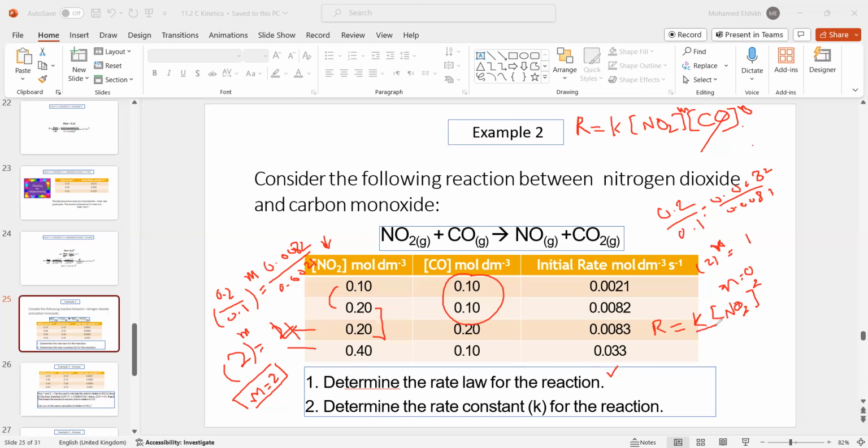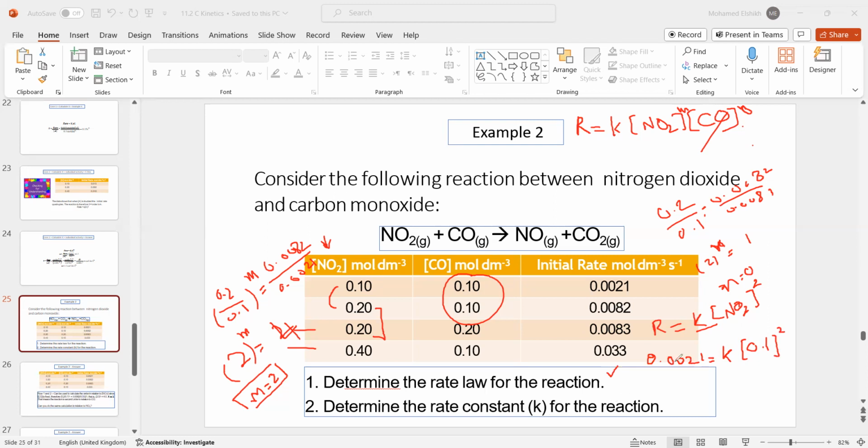They want this rate constant. In order to do this, you can choose any of these rows and apply it in the equation directly. So the initial rate, let's take the first one, for example. The initial rate here is 0.0021 equals k, and the concentration of NO2 was 0.1. Don't forget that the 0.1 here is raised to the power 2.